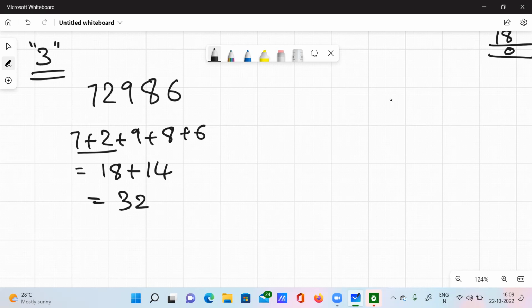So we need to look at this particular number, that is 32. You need to add all these digits, 7 plus 2 plus 9 plus 8 plus 6, and you will get some number, in this case 32.